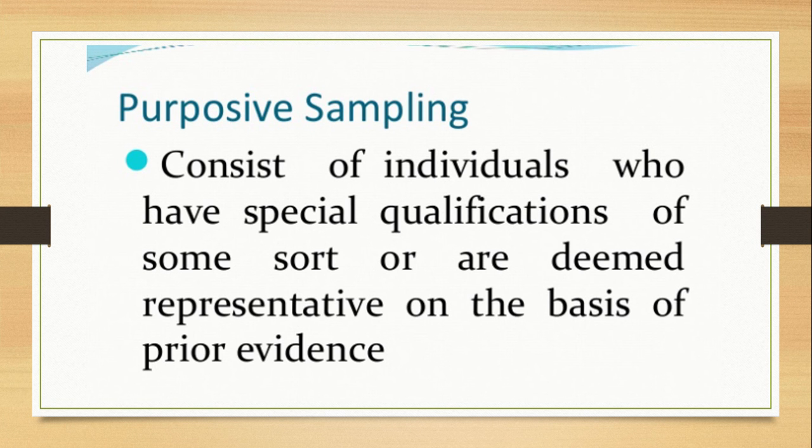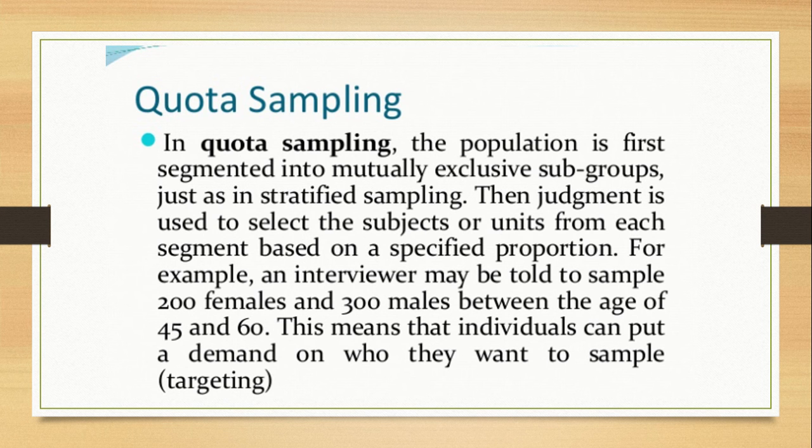Purposive sampling consists of individuals who have special qualifications of some sort or are deemed representative on the basis of prior evidence. Then quota sampling. In quota sampling, the population is first segmented into mutually exclusive subgroups, just as in stratified sampling.